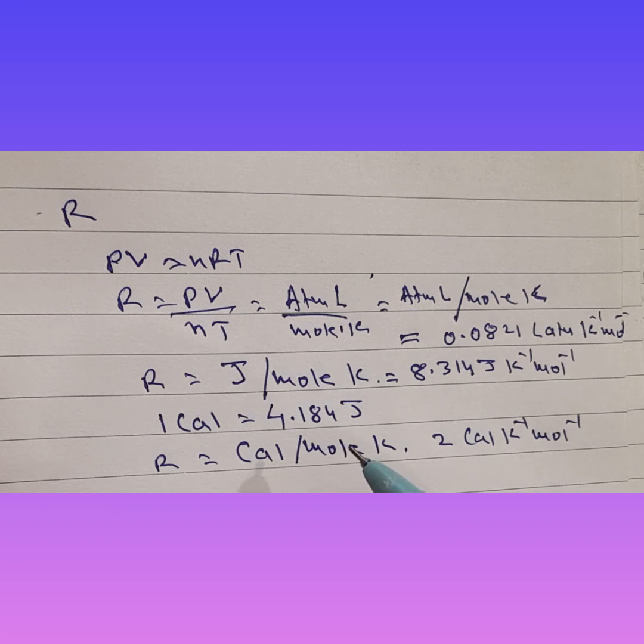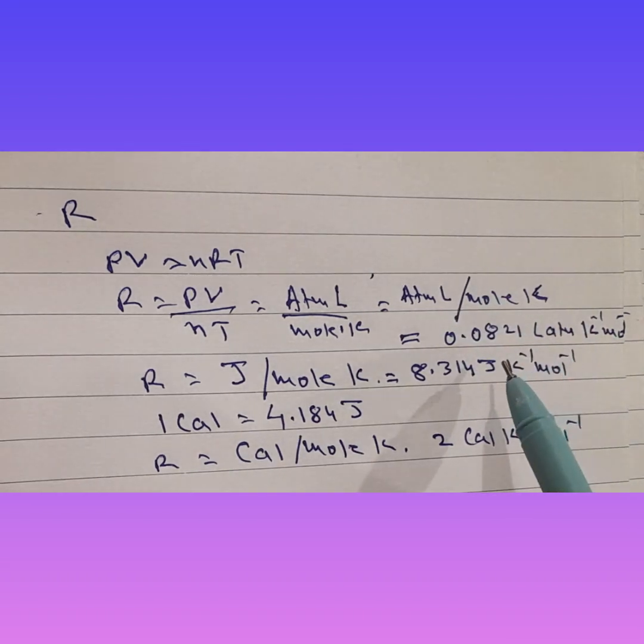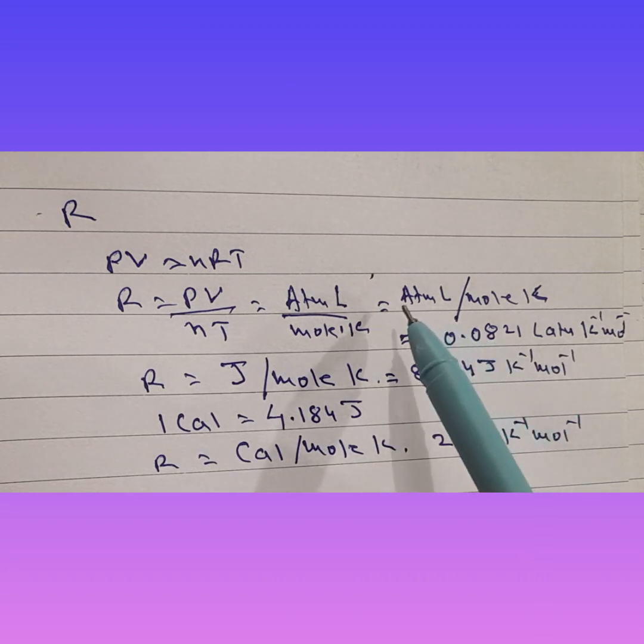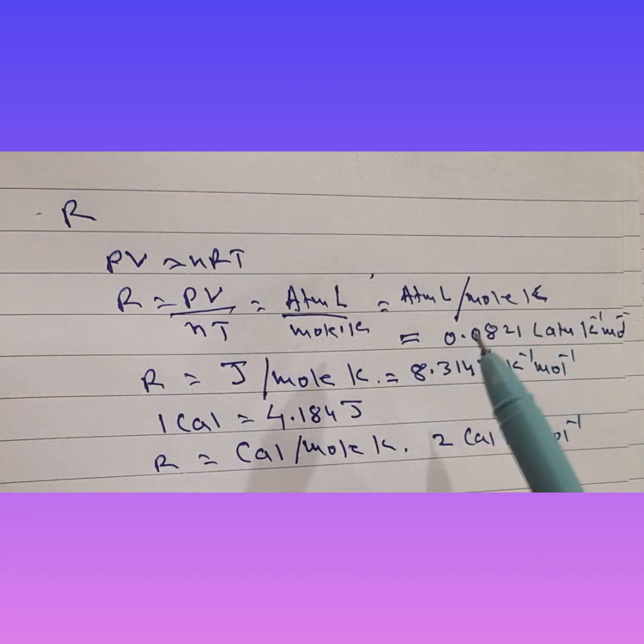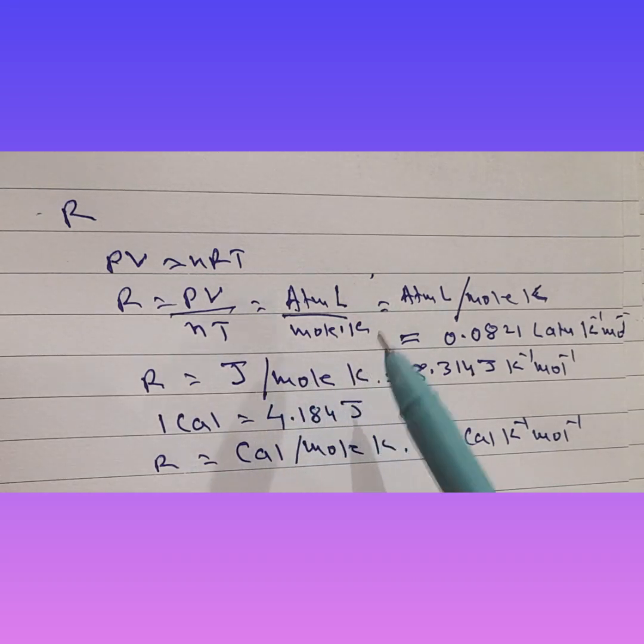In case of normal numericals, you have got to check in the data in which system all the parameters have been taken. In case of liters, you use this. If it is in terms of calories, you use this. In terms of work, you use this. So understanding the data from the numerical, you are supposed to apply the value of R. Okay, let's proceed now.